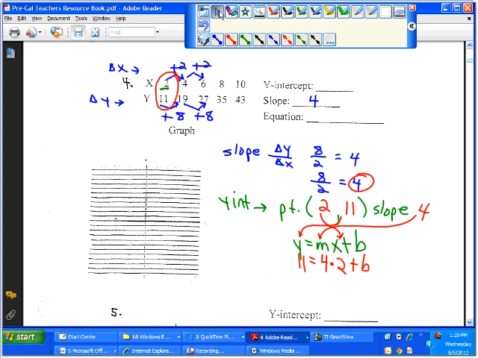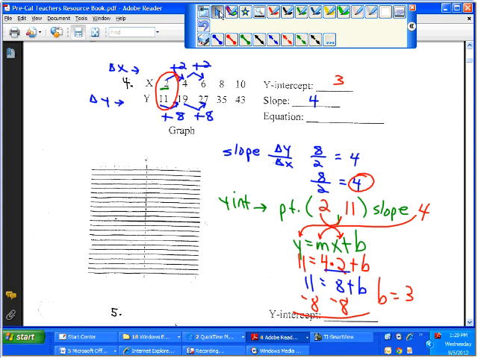Now, we're going to do this multiplication, so we're going to have 11 is equal to 8 plus b. Now we're going to get the junk off of b, so we subtract 8, and we get b is equal to 3. So we calculated the y-intercept by using our y = mx + b formula.